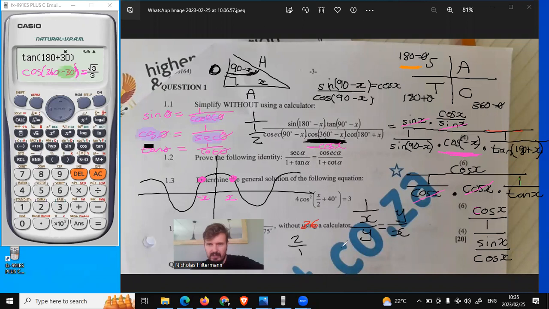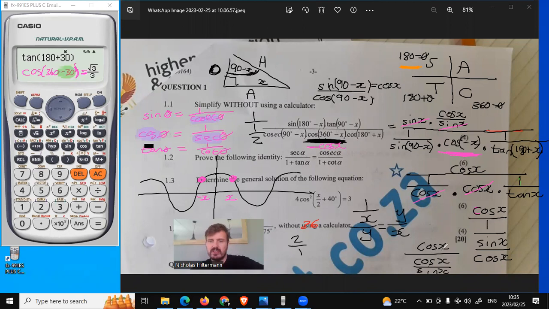Okay, so we need to remember that as a trick, because we can just turn this 1 over sine over cos into cos over sine. So we have cos x over sine x.